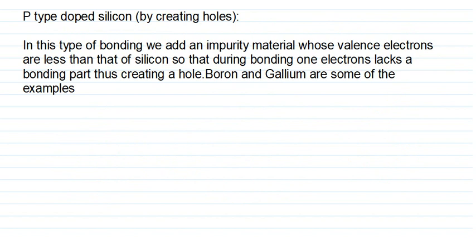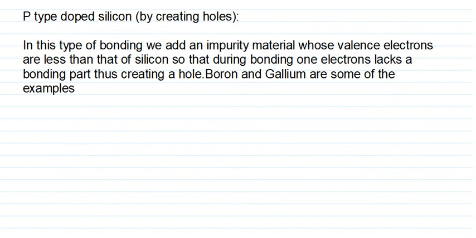addition of an impurity to the silicon crystal. We wouldn't be able to create these holes if there was no impurity within the crystal. But remember this, guys, for a pure silicon crystal, the holes are minimum, as well as the electrons in the conduction band are minimum.